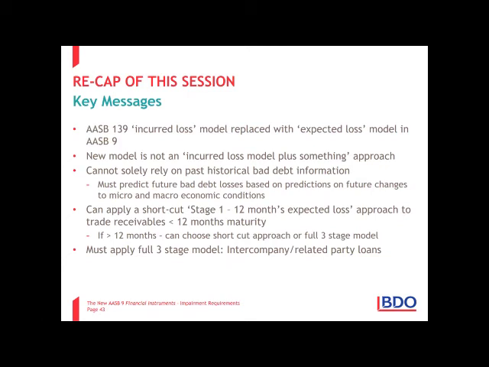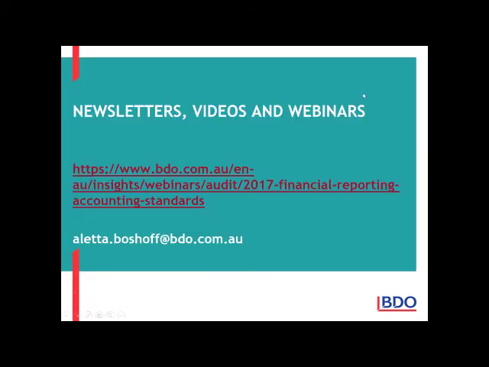You can apply the shortcut or the simplified approach, the stage 1 12-month expected loss approach, to trade receivables if it's got less than 12 months maturity. If it's more than 12 months, you can choose the shortcut approach or the full 3-stage approach. You have to apply the full 3-stage approach for intercompany or related party loans.